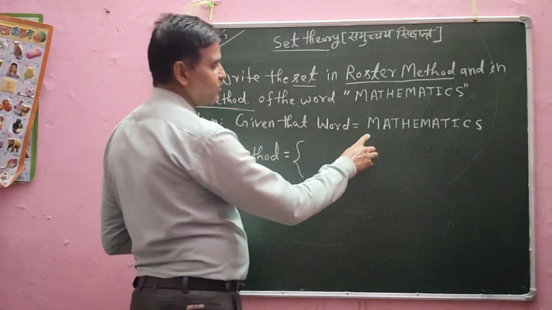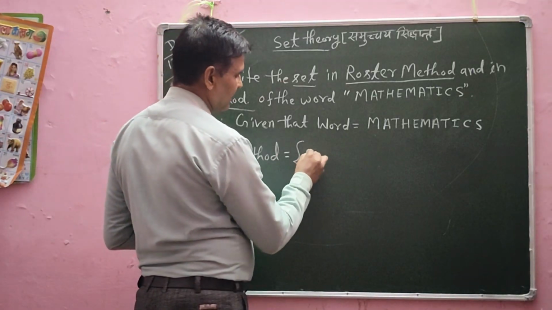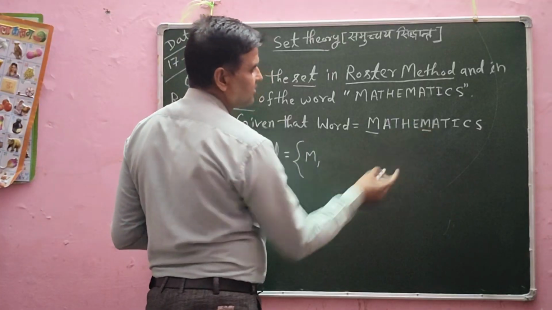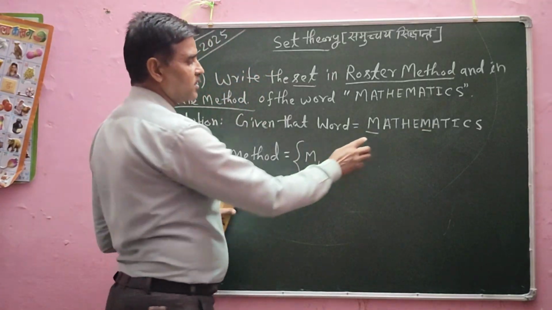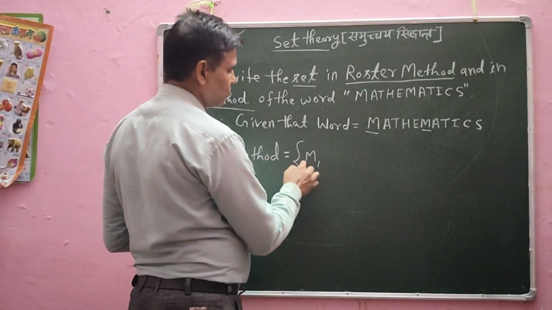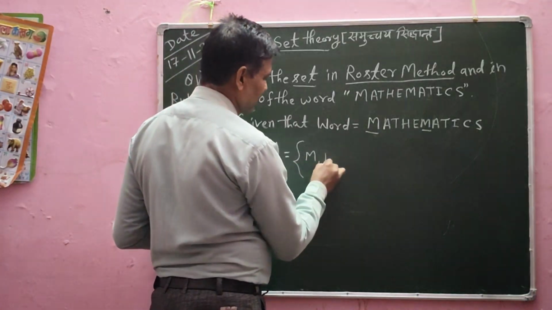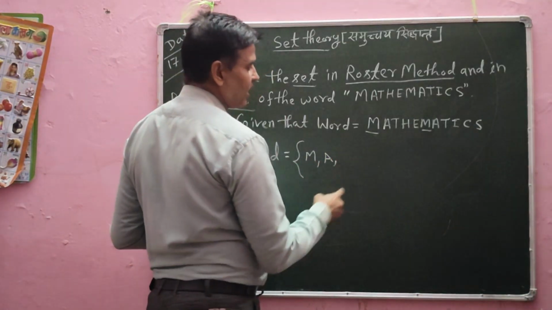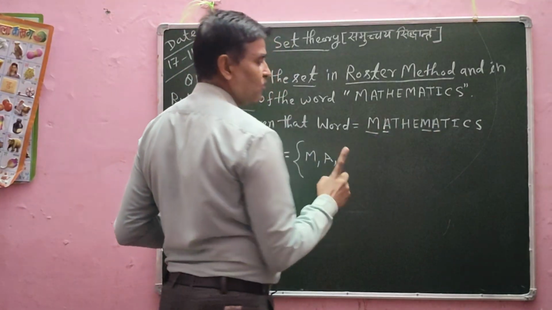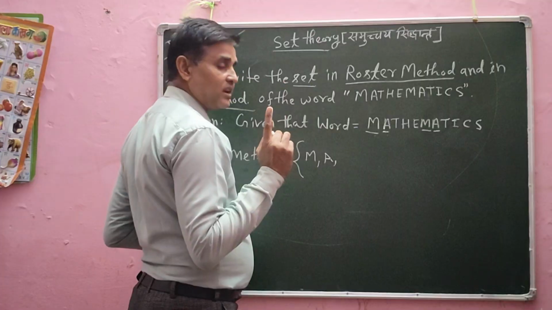It means that here I am looking at M. Here I have to write M. So M is here and here. Therefore, in this word there are two M, but I have to write only one, and then I have to put a comma, and then I have to write A. Now A is also available here and also here. So there are two, but I have to write only one.